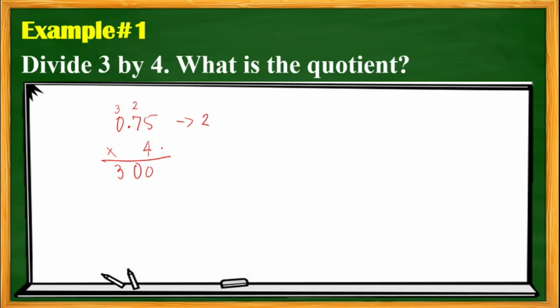We have 2. And the second factor has none, 0. So the total of decimal places is 2. So we have 1, 2. The answer is 3.00, which is also equivalent to 3. So the answer 75 hundredths is correct.